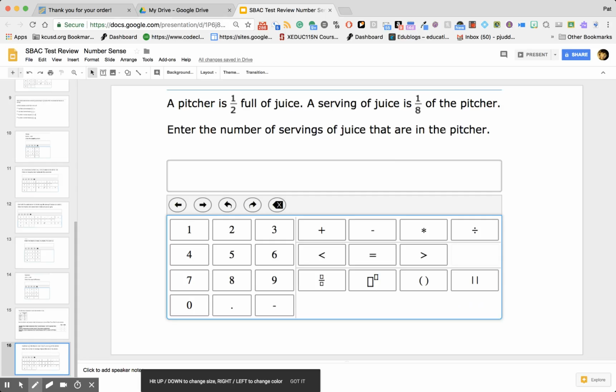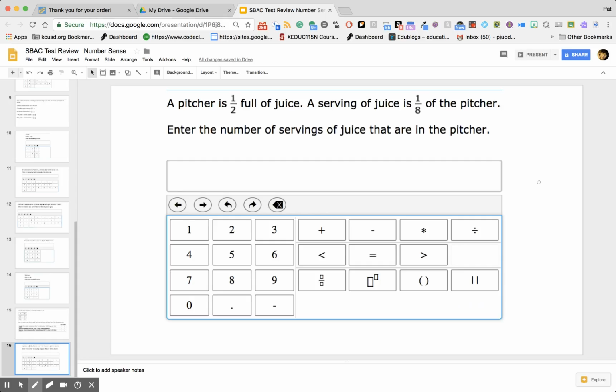A pitcher is half full of juice. A serving of juice is 1/8 of the pitcher. Enter the number of servings of juice that are in the pitcher. So the pitcher is half full. A serving is 1/8.